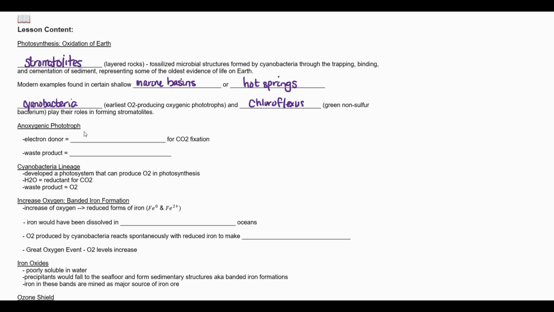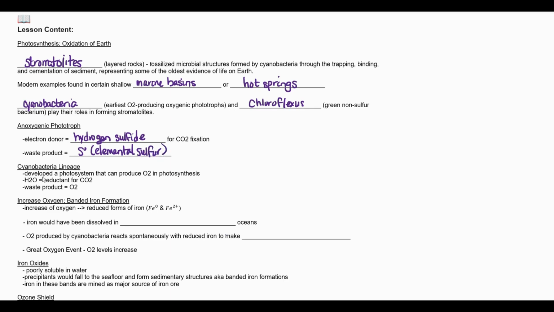So the electron donor is hydrogen sulfide for carbon dioxide fixation. The waste product is elemental sulfur.